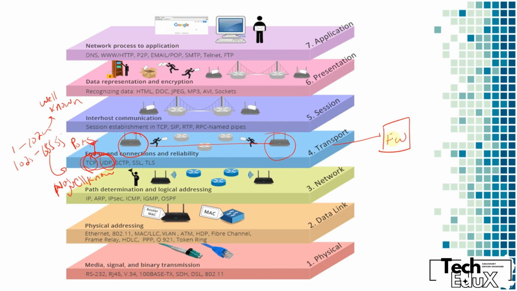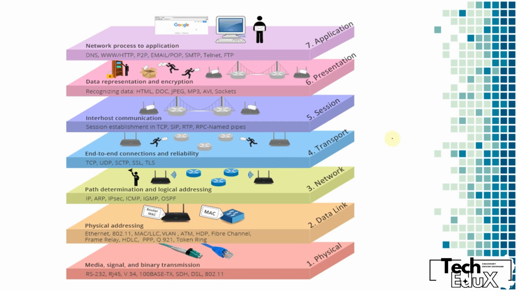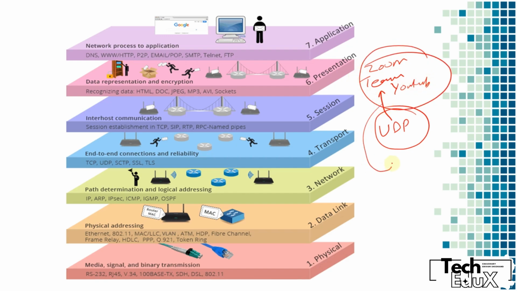And by the way, most organizations currently block UDP, because most of your communication like Zoom, Teams meetings, YouTube uses RTP, Real-time Protocol, over UDP because this is unreliable. We will talk about TCP and UDP in the next segment, but just keep it in mind.